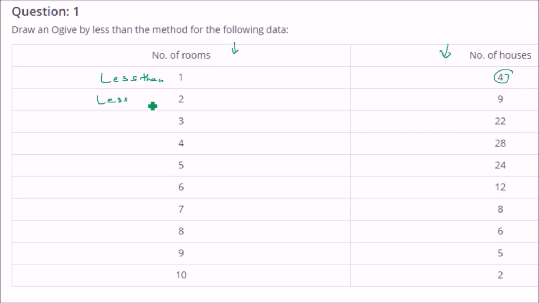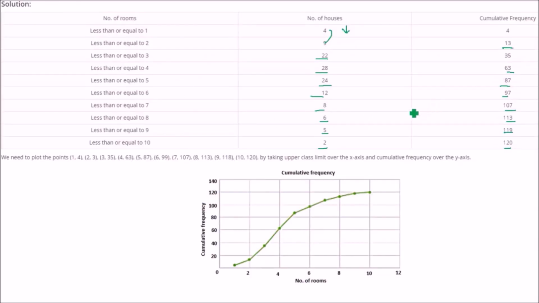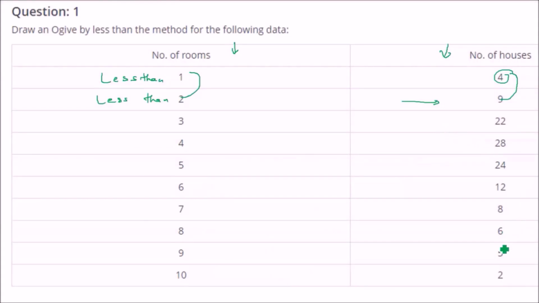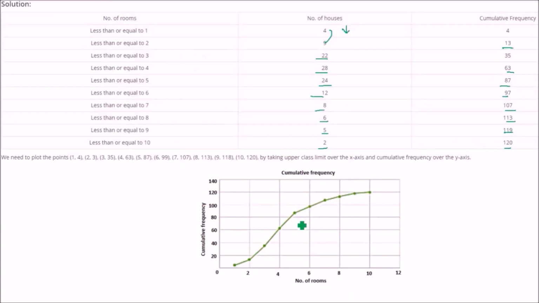When we say less than 2, that means all inclusive of 1. That is why we have added 9 with 4. That is why cumulative frequency comes into the picture. And this is 8, 6, 5, 2, and we just added it.